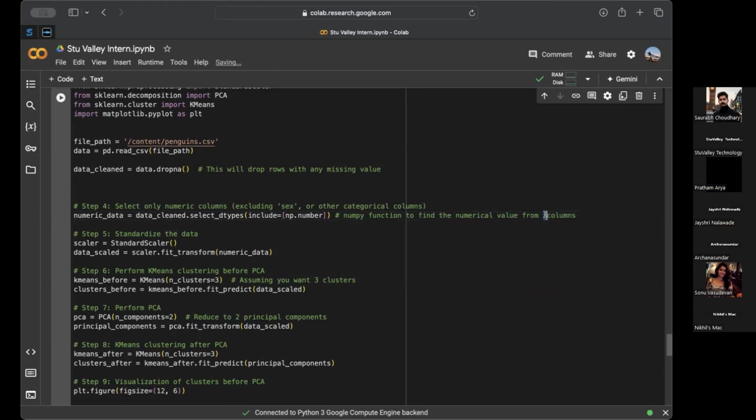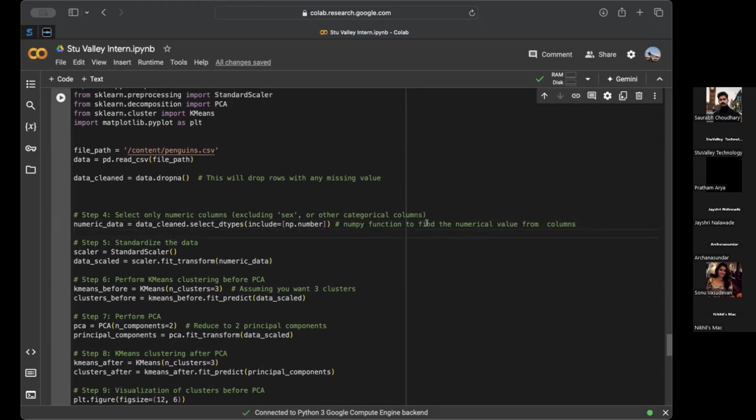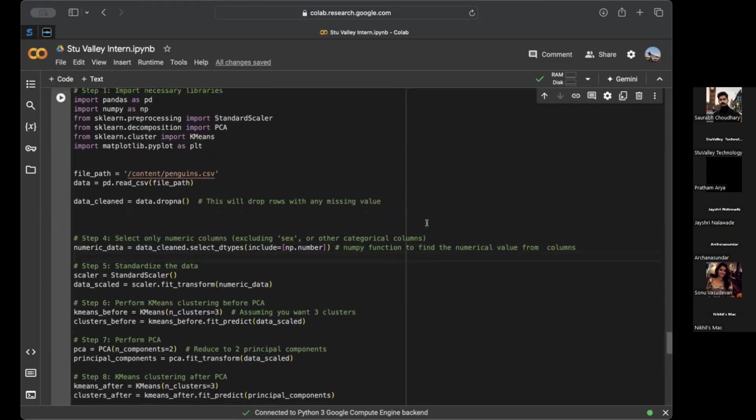Oh, okay, okay. But how can we write NP dot number? How does NP know that? Go up a little bit. NP include NP dot number.